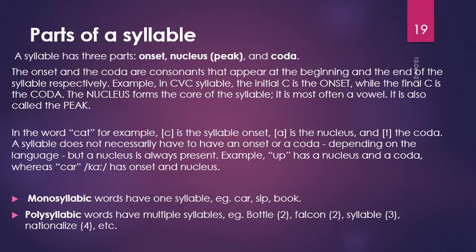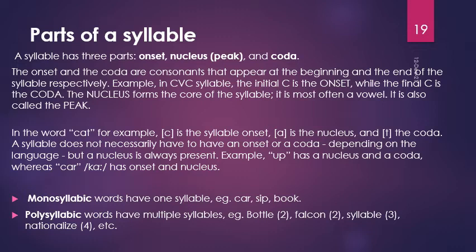In the word cat, C-A-T, for example, C is the syllable onset, A is the nucleus, and T is the coda.